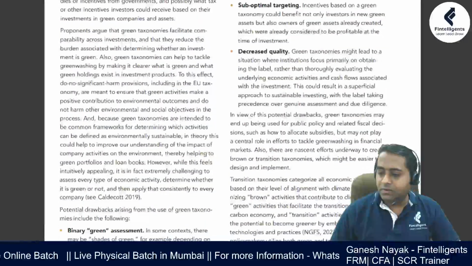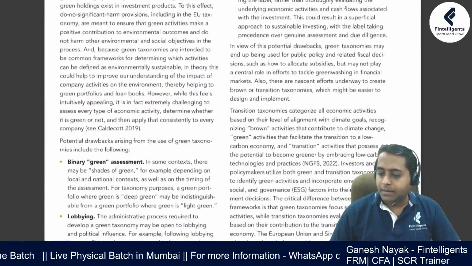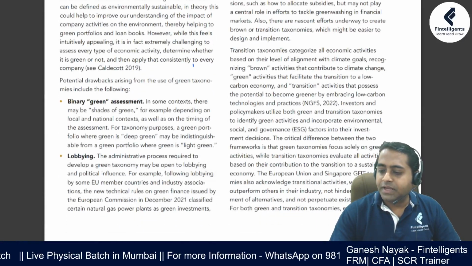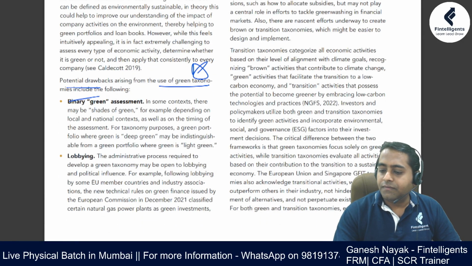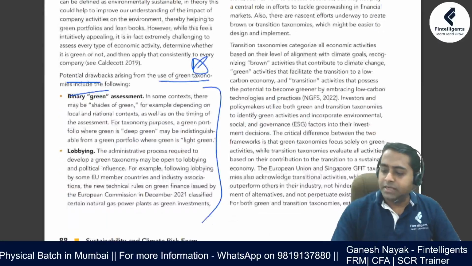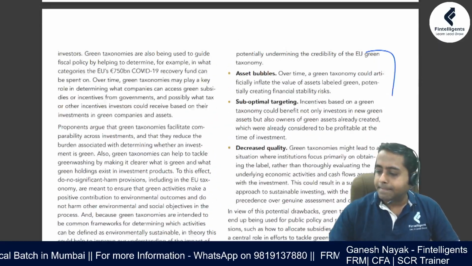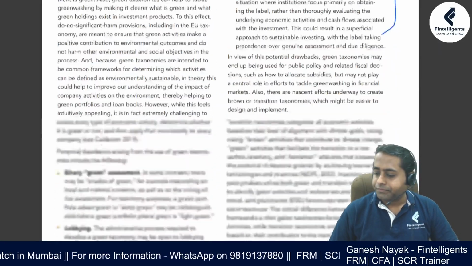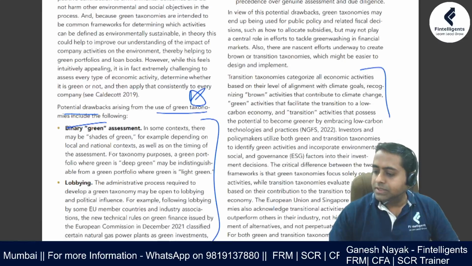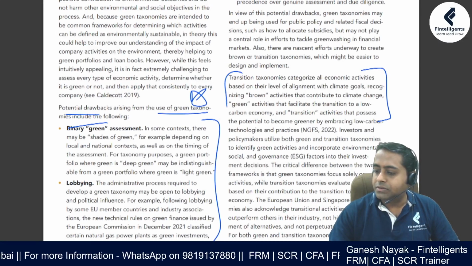Proponents of green taxonomies. This bifurcation or drawbacks of green taxonomy, this entire thing. Then this section, green and brown and transition.